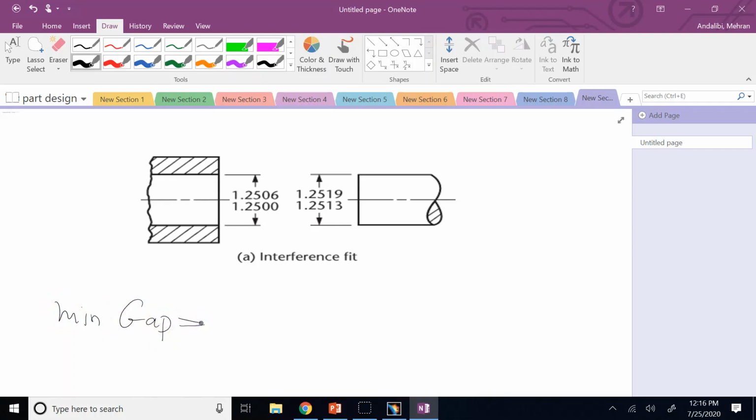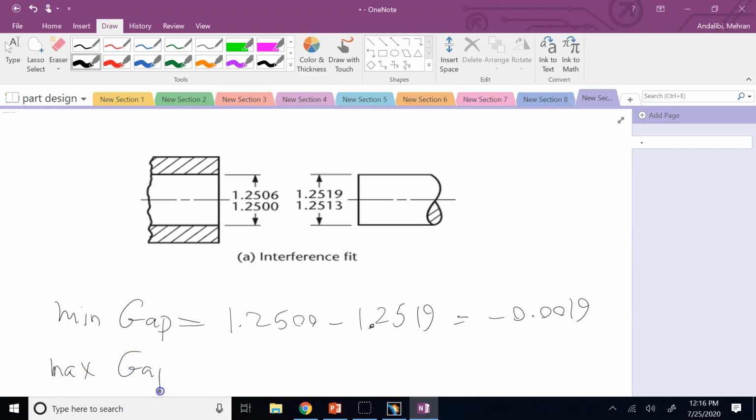Min gap happens when you have the smallest hole, biggest shaft. So it's the smallest number for the hole minus the biggest number for the shaft. And how much would you get? Negative 0.0019. And what is the max gap? What is the biggest gap that can happen?